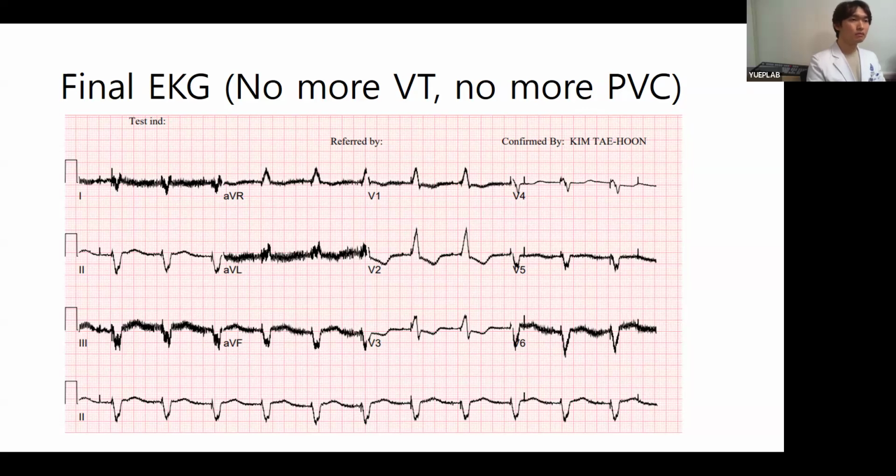In addition, in patients with LVAD, VT ablation is very difficult because of a lot of noise from the LVAD. So we may miss many small fragmented potentials because of LVAD noise. I guess the heart failure team decided on the LVAD as a bridge to transplantation because this patient has poor valve function.